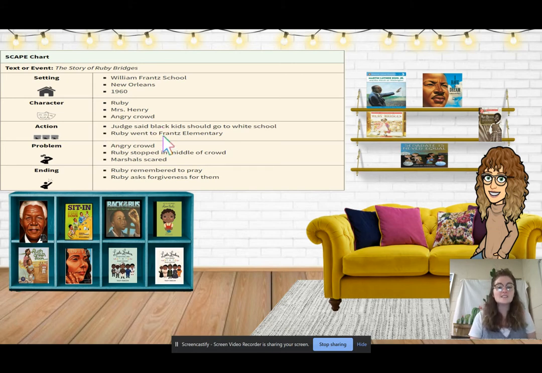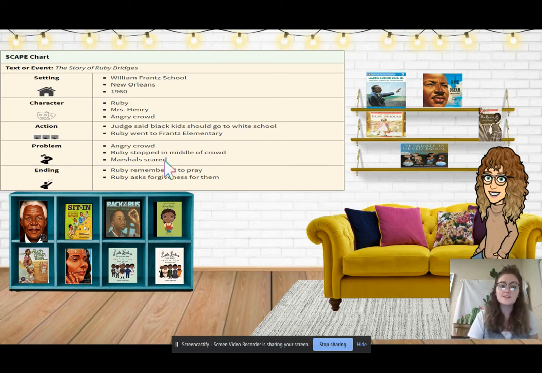The actions, the first action that we learned was that the judge said black children should go to the white school. And so he sent Ruby and the 3 other black girls to the white only schools. And then the other action of Ruby was that she started going to the school.